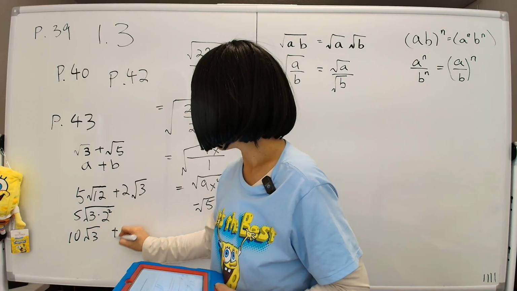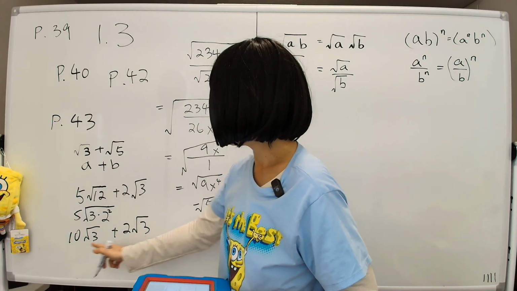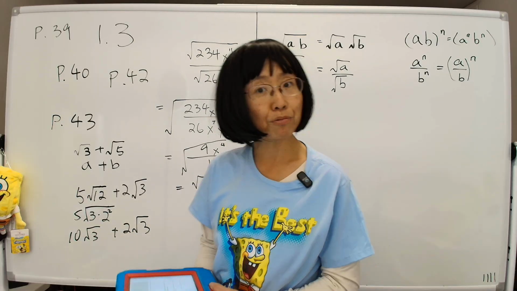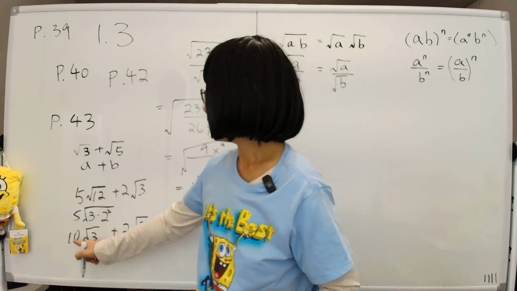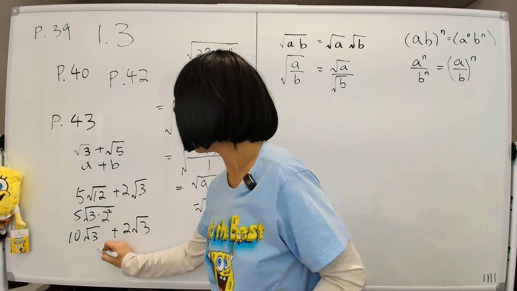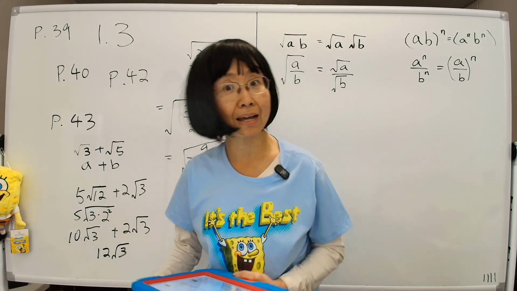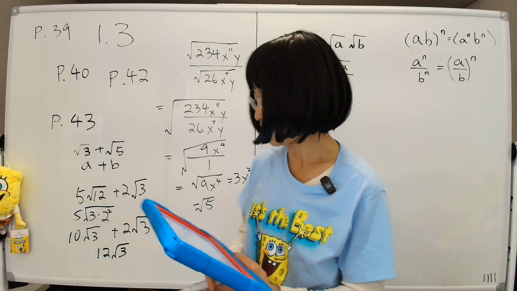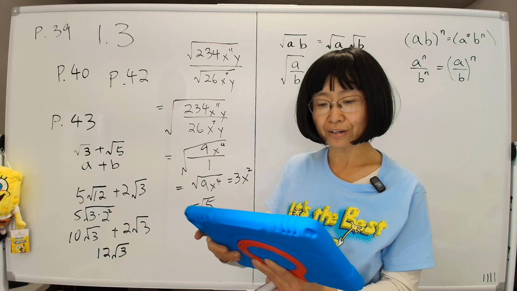Then you add 2 square root of 3 up here. Then suddenly we can add things, because now we're adding apples with apples, so to speak. So 10 apples plus 2 apples is 12 apples, because the square root of 3 at this point is no different than an apple, and that's all we care about. Treat it like an apple. So please do example 6 as part of your homework.